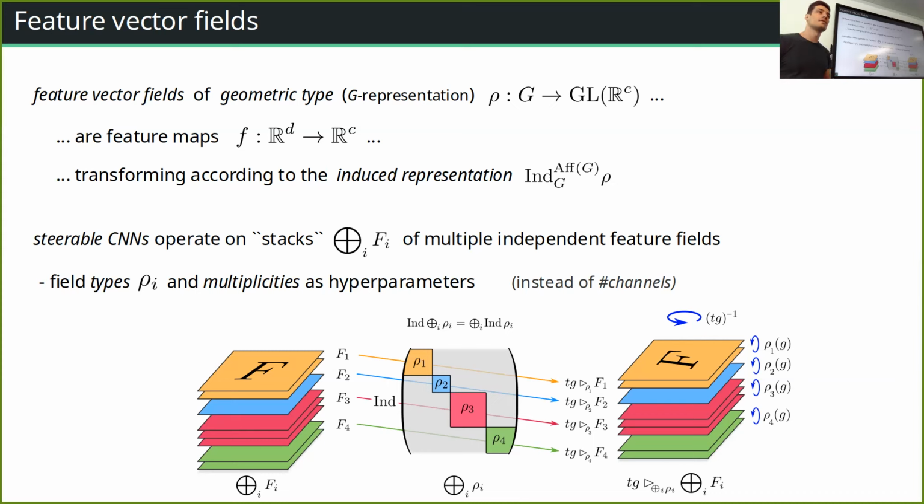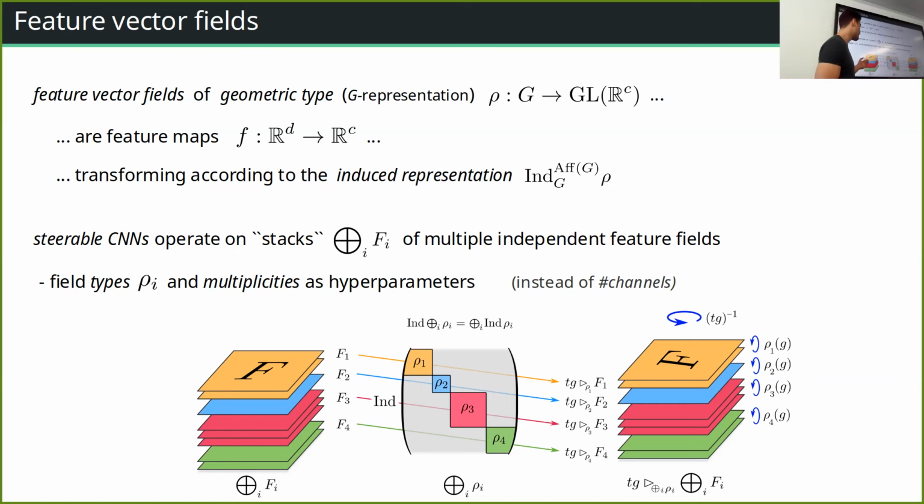And then what does it mean to put them in the brackets? So the first feature field F1 transforms according to rho 1. The second feature field F2 transforms according to rho 2. So this just shows you how feature fields transform. And before I showed you how a single feature field transforms. And here this shows you how a stack of multiple feature fields transforms. Okay.